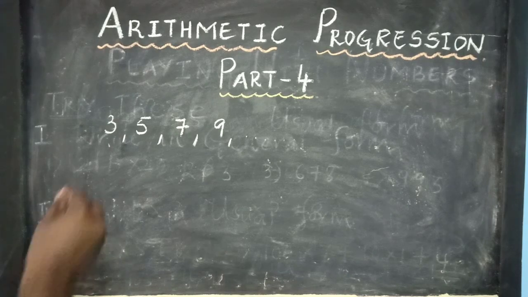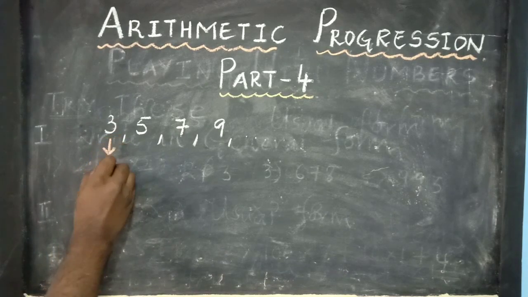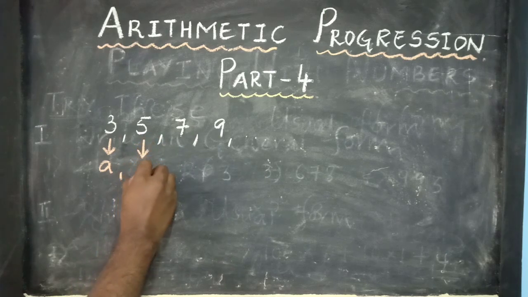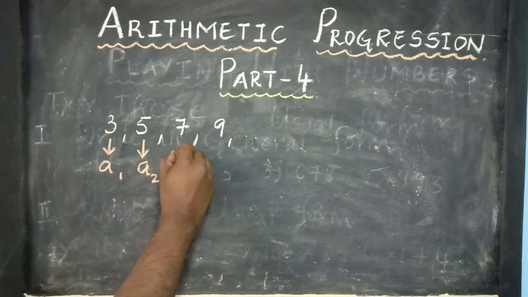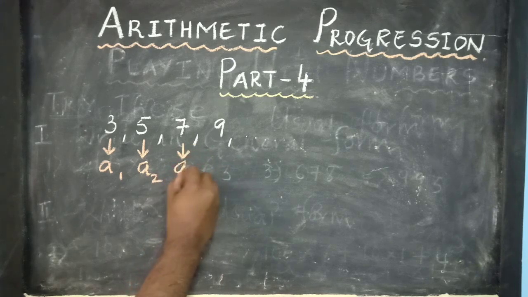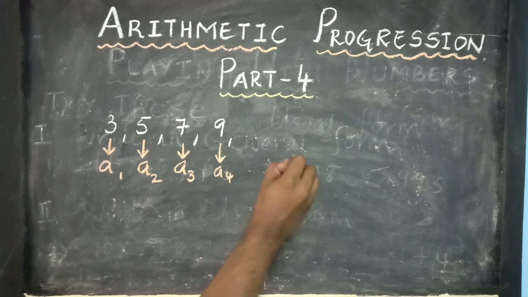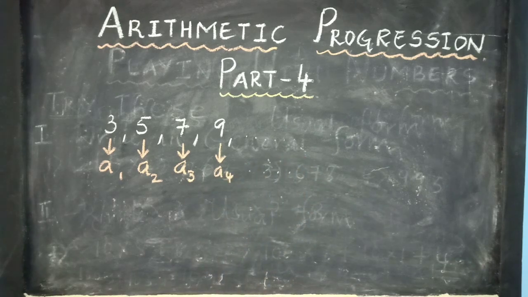Now I can say that 3 is the first term, A1, 5 is the second term, A2, 7 is the third term, A3, 9 is the fourth term, and the list goes on.